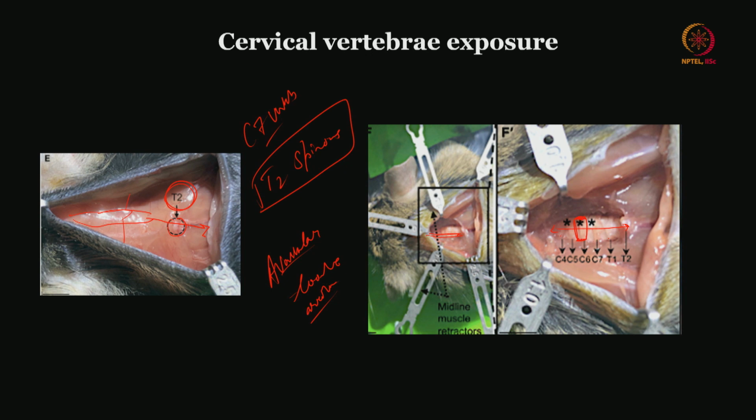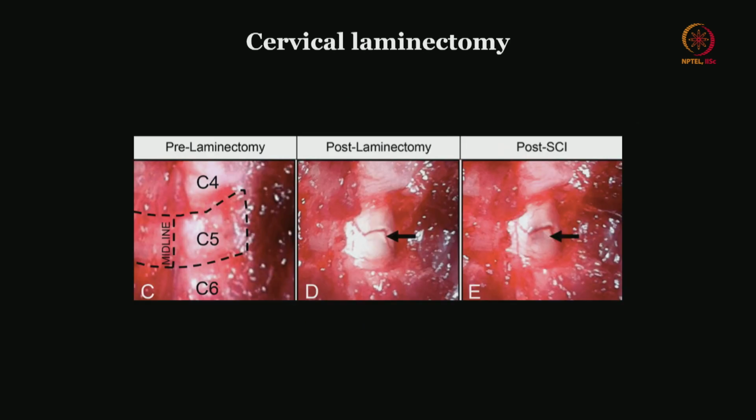As you can see, these bones are really slender and very soft compared to the cranial bones, and of course the hardness of the bone depends on the age of the rat, or if it is a mice, it is going to be soft, where you can cut it with the scissor itself, sometimes heavy scissors, or you can use the bone rongeur to make a nick on both the edges and lift up this vertebra so that the spinal cord will come into view, alright. So this is how the surgery progresses.